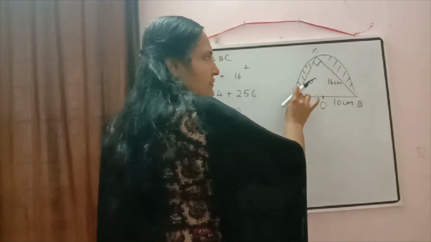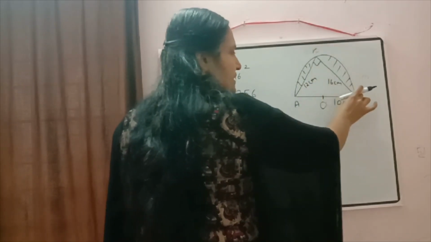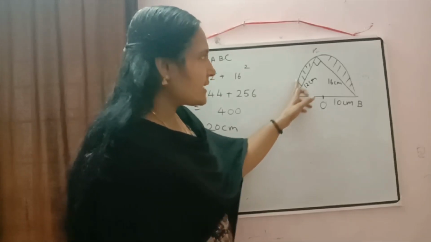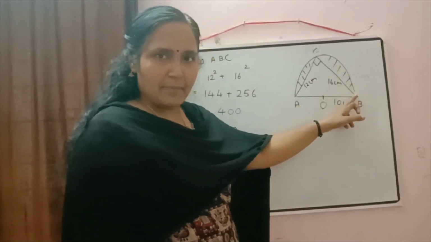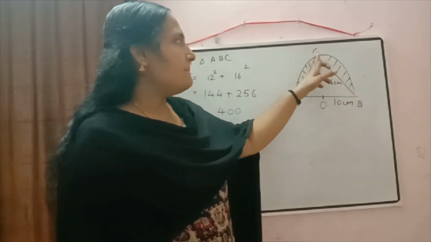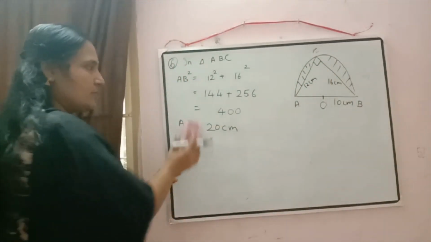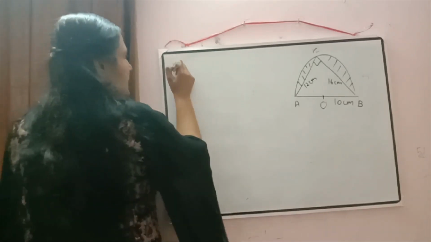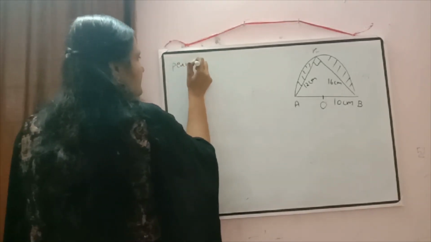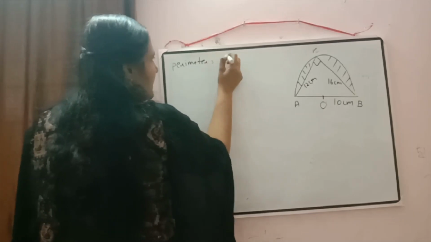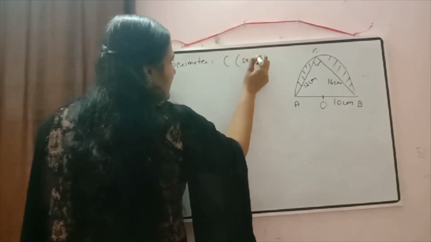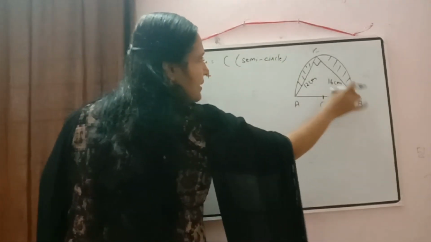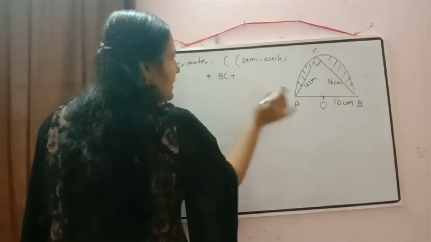So when we calculate the perimeter of the shaded region, we will write the circumference of the semicircle plus BC plus AC. So write down: perimeter is equal to circumference of semicircle plus BC plus AC.